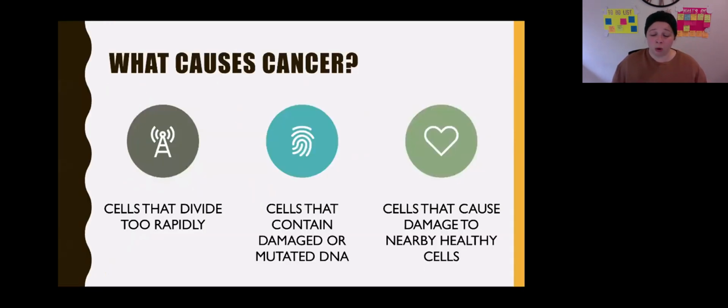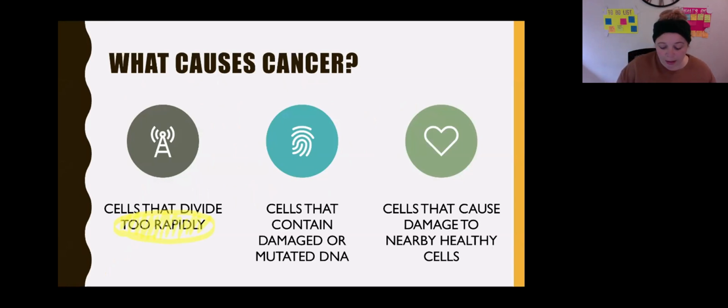So what causes cancer? The first thing is that it's just cells that divide too rapidly. They're just going gangbusters, dividing over and over again. Thinking about apoptosis, if they're dividing more and more and not dying, then there might be something wrong with apoptosis.